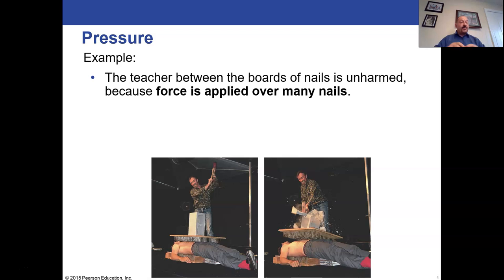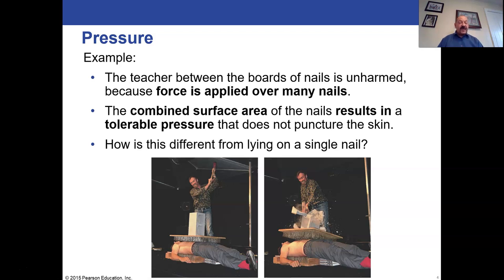But once you spread that force out, the weight of the board and the sledgehammer coming down on the cinder block, when you spread that out over many, many nails, even though each nail has a tiny surface area, it's a lot of different surface areas spread out over a wide range of space, and therefore someone can actually tolerate this kind of pressure if the force is spread out very wide.